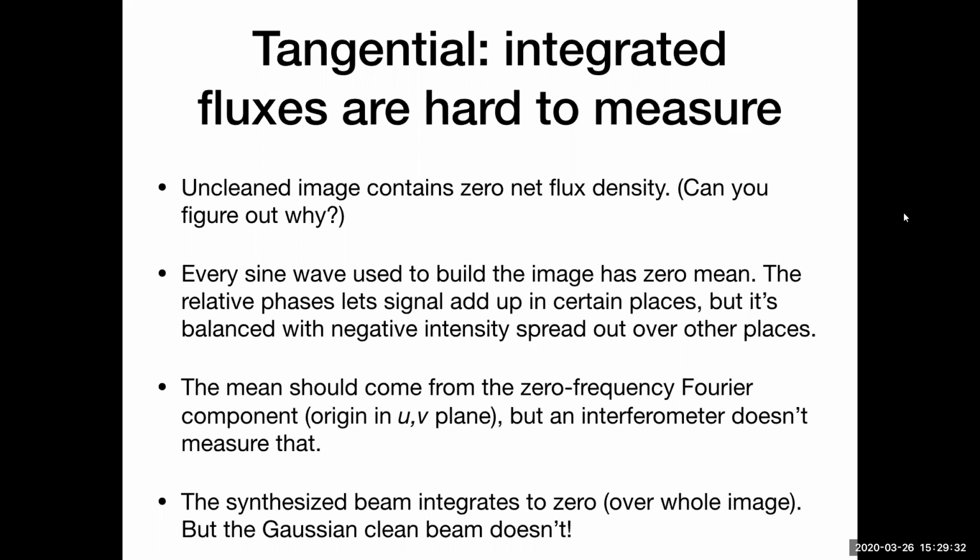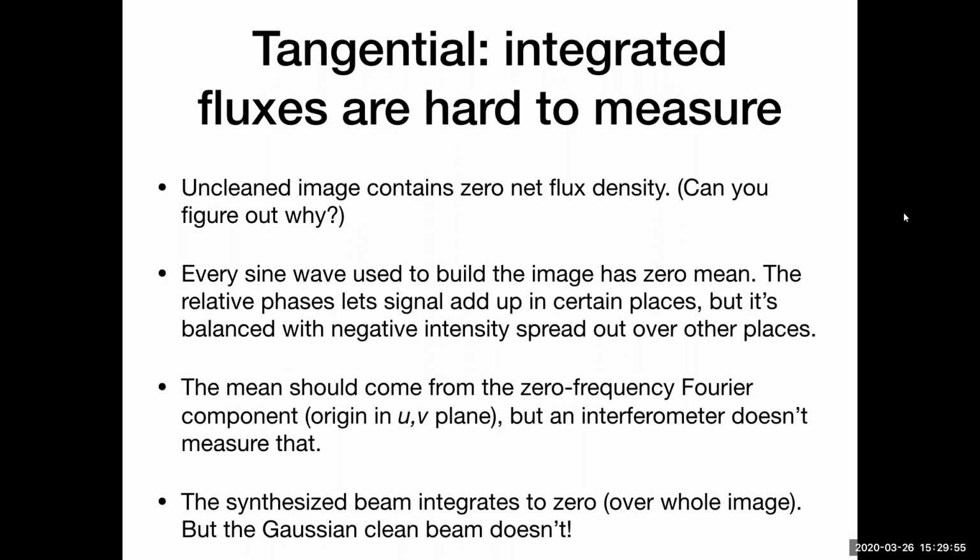And this is because normally if you did a Fourier transform of some signal or some image, whatever mean signal is present across the entire image, Fourier transforms into what would be the zero frequency Fourier component, which is the origin in the UV plane.